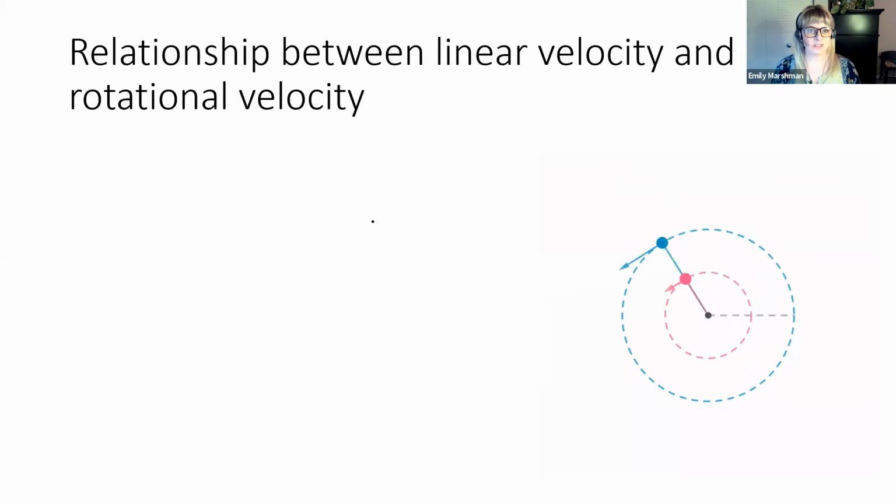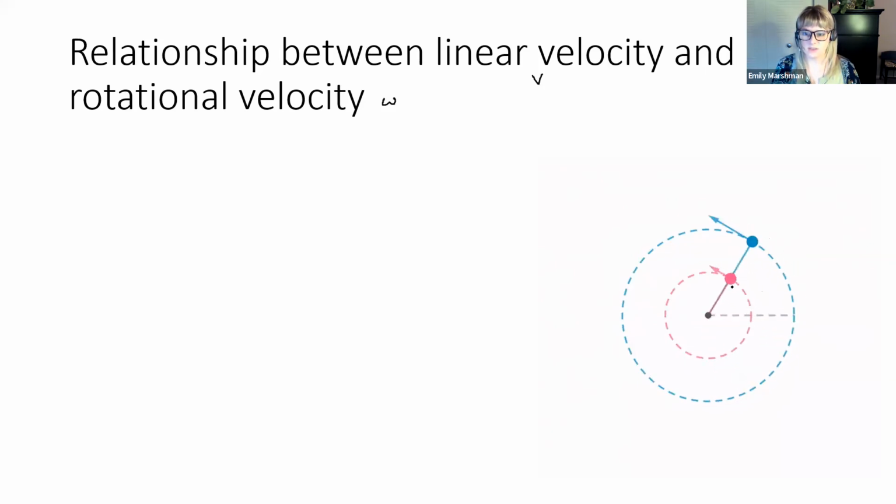Now you might be wondering, is there a relationship between the linear velocity and the rotational velocity? Linear velocity being v, and rotational velocity, omega. If you take a look at this animation to the right, see the red dot and the blue dot.